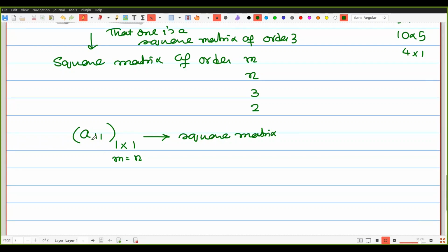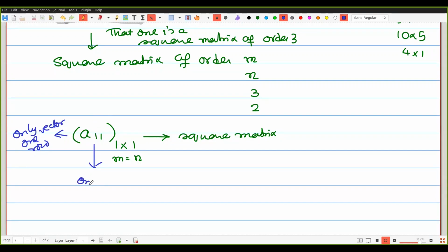Now look at the thing. A11, only one row is present here. As only one row is present, the number of columns is not considered. So we must say that one as a vector. Once again, that one is a matrix with order 1 cross n.